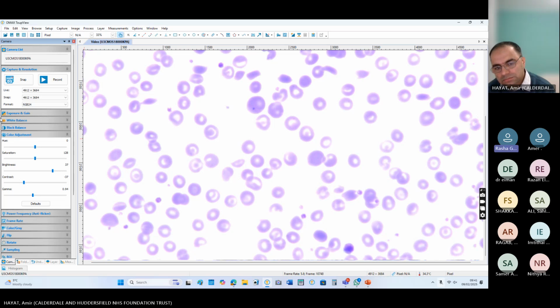There are some microcytic hypochromic cells also. I didn't recognize the white cell morphology.